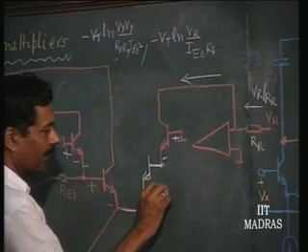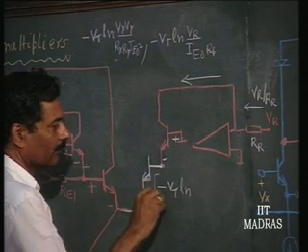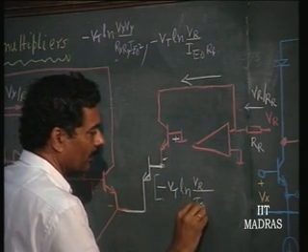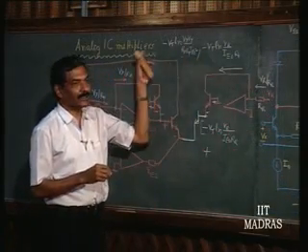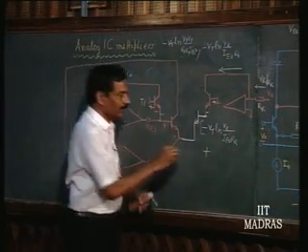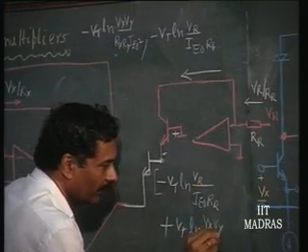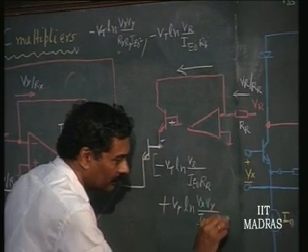Actually it is minus Vt log Vr divided by Ie naught Rr plus this minus this, right, Vt log Vx Vy Ie naught squared Rx Ry.